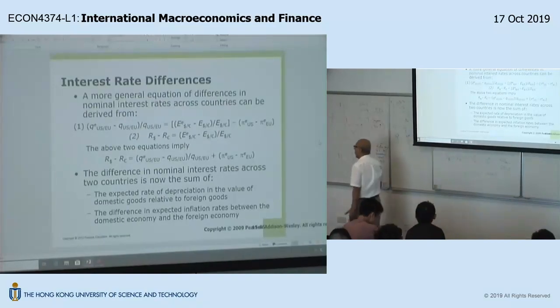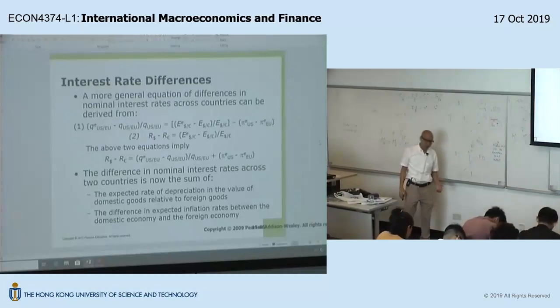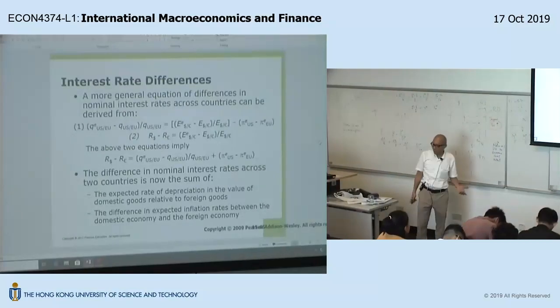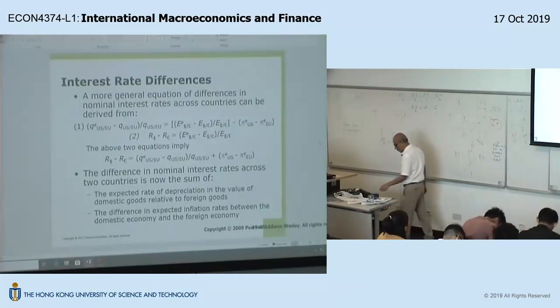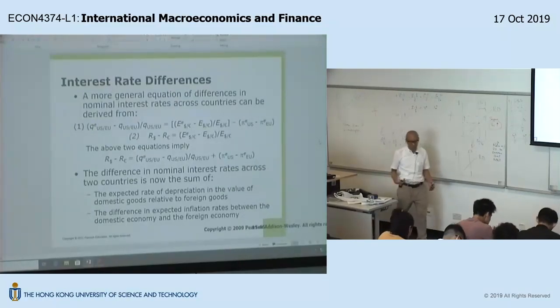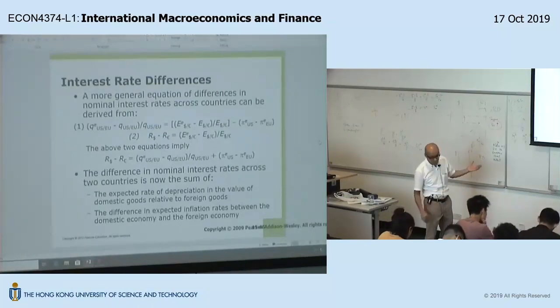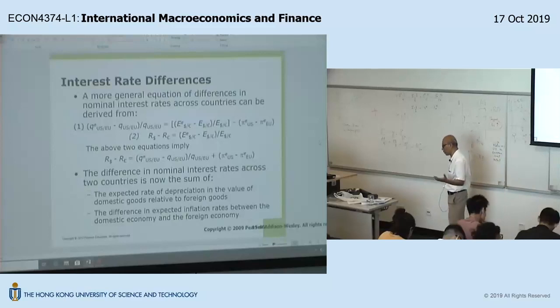Why would it depreciate in real terms a lot? It depends on the situation, but for example, let's say the world demand for its goods is low. That could be a situation like that.